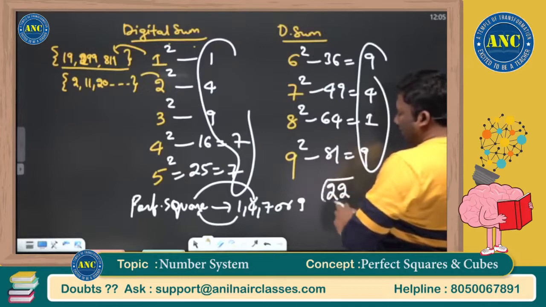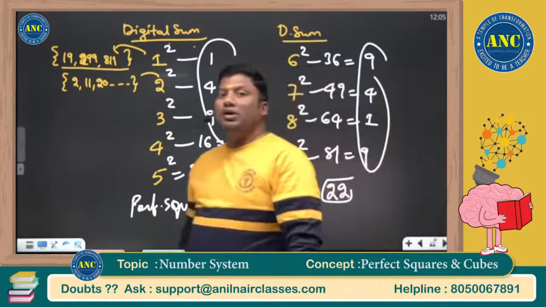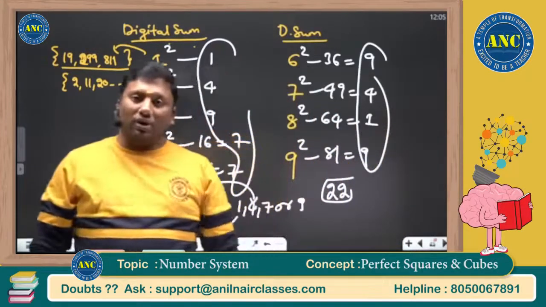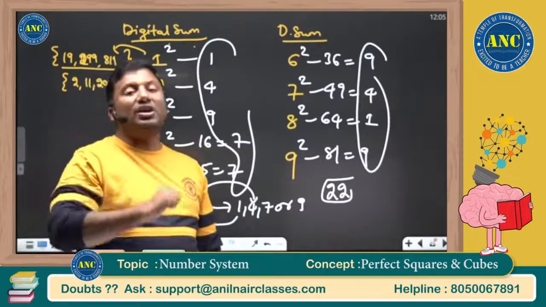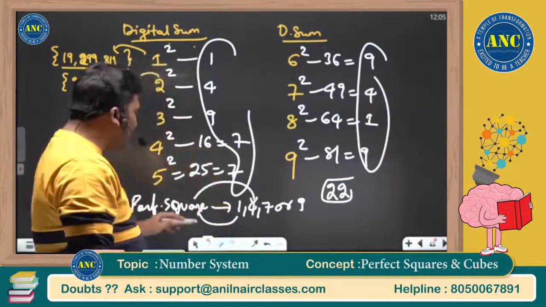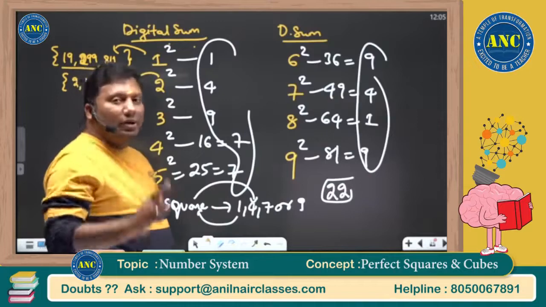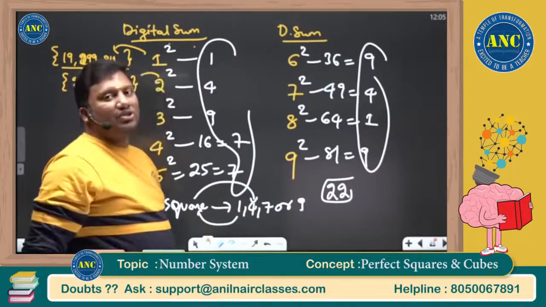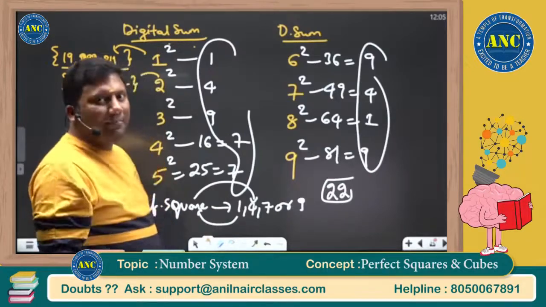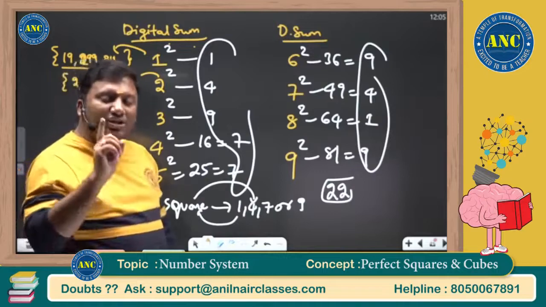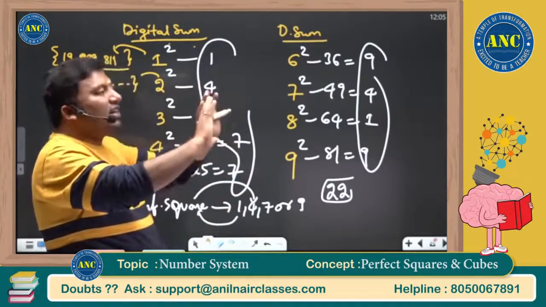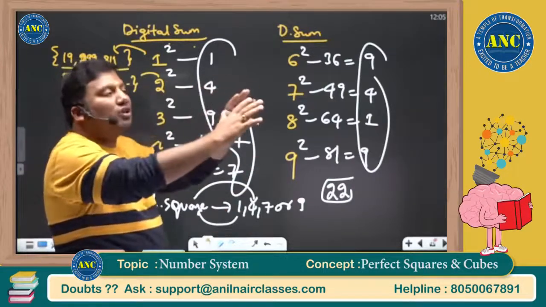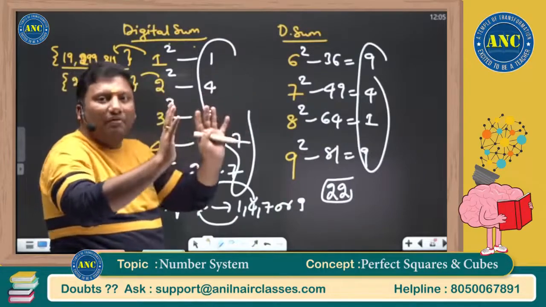22 is there. What is the digital sum of 22? 2 plus 2 is 4. Is it a perfect square? It is not a perfect square. So the reverse may or may not be true. If the number is a perfect square, it should have digital sum 1, 4, 7 or 9. If a number's digital sum is other than 1, 4, 7 or 9, it is not a perfect square.